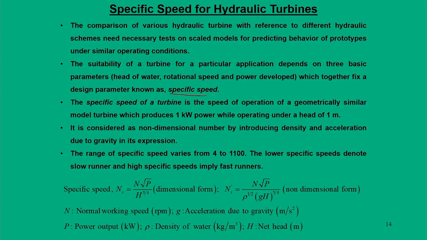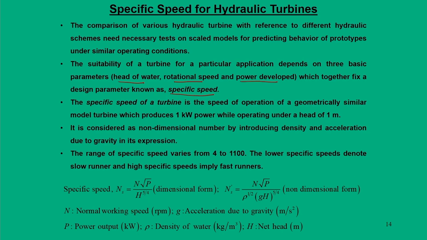So, here we use the concept of dynamic similarity or similarity rules, based on which the models and prototypes can be compared. Now, one such parameter in this case is the specific speed. To define the specific speed, we know that there are three important parameters desired for power generation. One is the head of water, second is the rotational speed, and third is how much power we are going to generate.